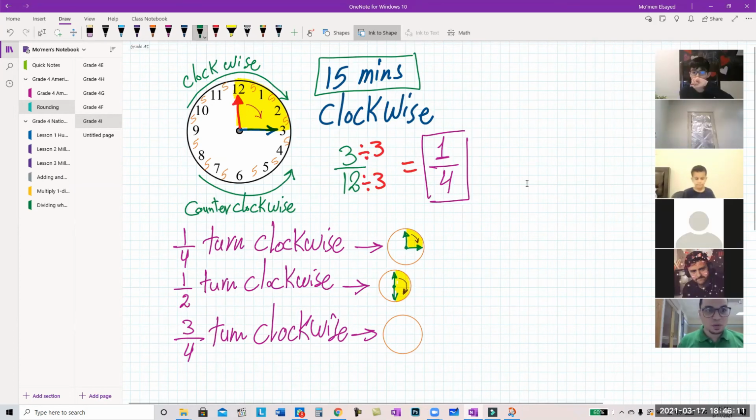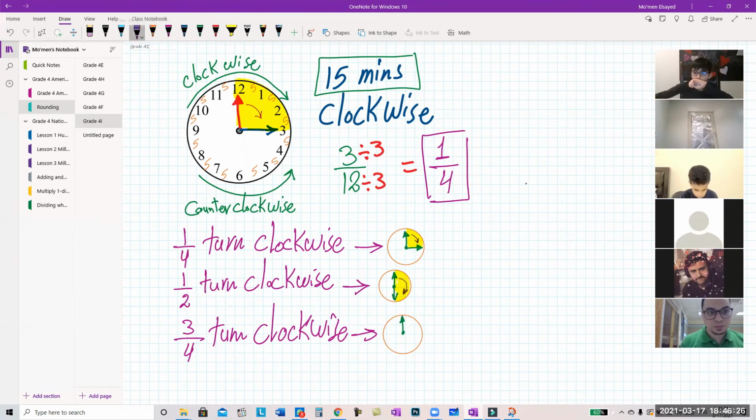Okay, Ali, that's our minute's hand. We need to move it clockwise 3/4 turn. How can we do it? So 3/4, we're going to move it 3/4, like that. So it will be on 9. Okay, so that's our fraction.